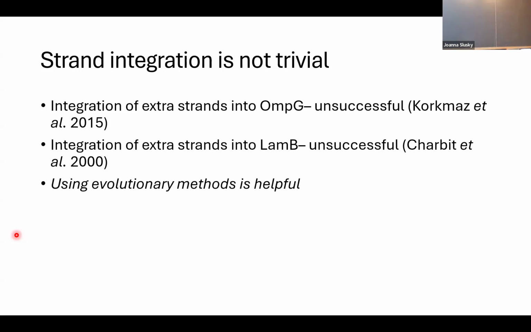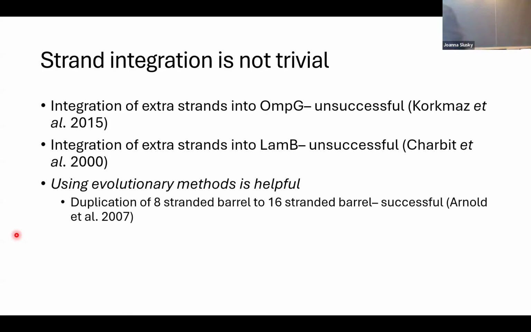And the one thing that ended up really working that we found in the literature was that using evolutionary methods is really helpful. So what was shown was that if you duplicate an 8-stranded barrel, you can make it a 16-stranded barrel. Again, this is the kind of evolutionary duplication that we think existed in nature.